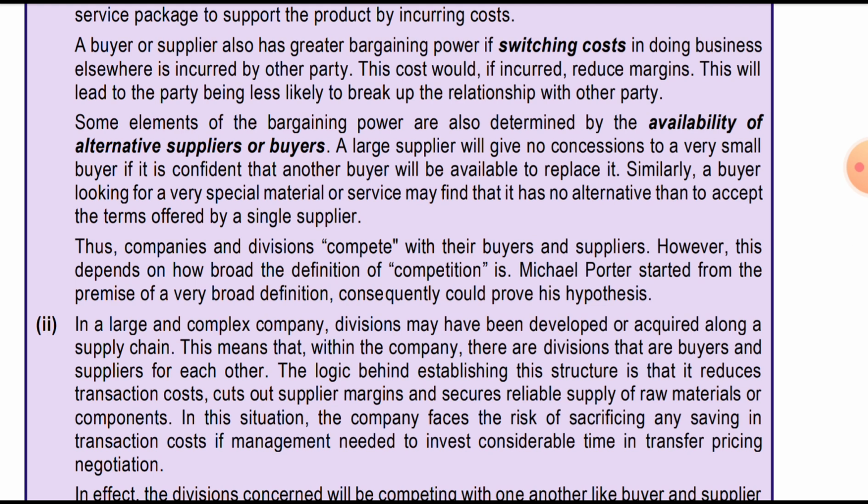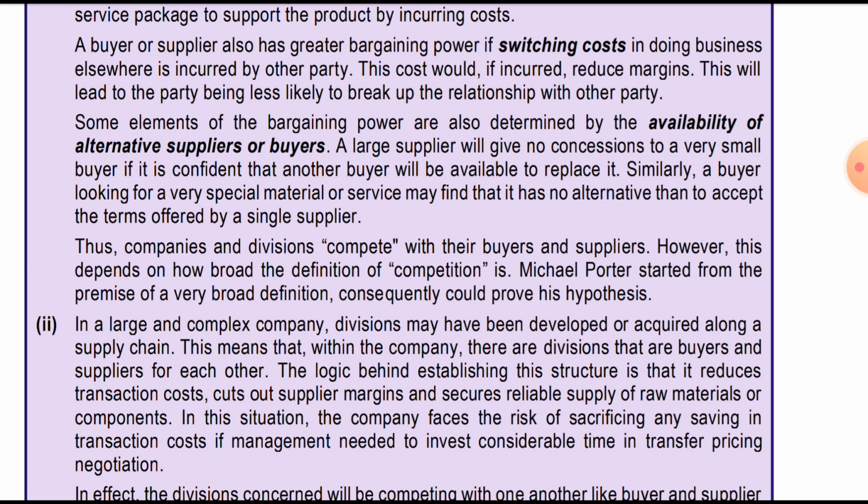Michael Porter states that the companies and the divisions who purchase become the buyer, and whether they enjoy the competitive advantage depends on whether they are enjoying the bargaining power of the customer. If they are on the supplying side, it depends on whether they are enjoying the bargaining power of the supplier.